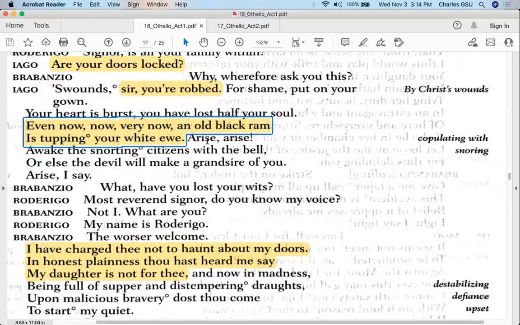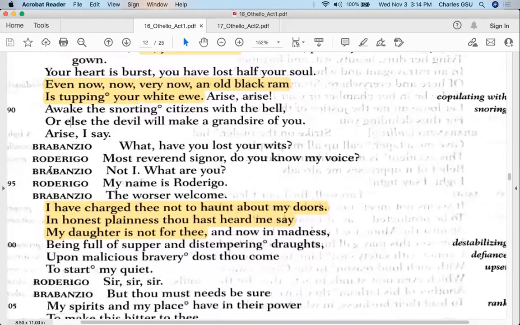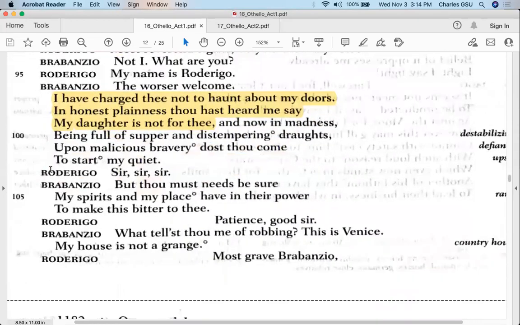So he's using bestial imagery to suggest that your daughter is having sex with a black man right now in a particular position, right? That's Iago for you. And again, another reason why it's difficult to teach this play in high school settings.